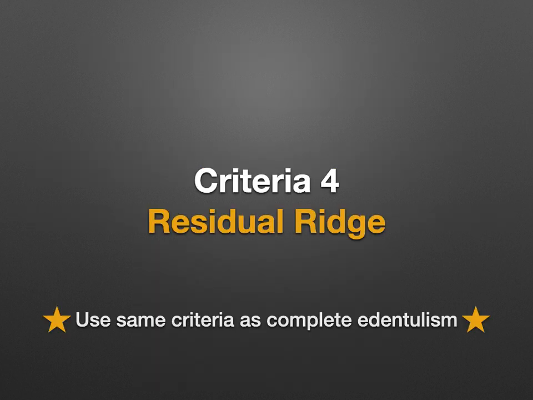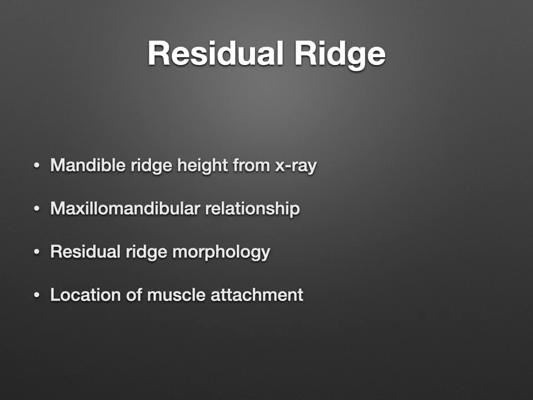The last criterion is about the residual ridge. I marked the star here to say that we use the same criteria as for complete edentulism. We are talking about partial edentulism cases, but we also have a complete edentulism classification. So here we use the same criteria as we described for the ridge part. For the residual ridge, we want to get several pieces of information.